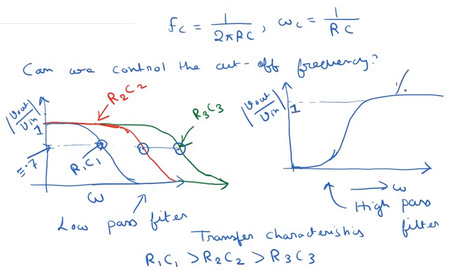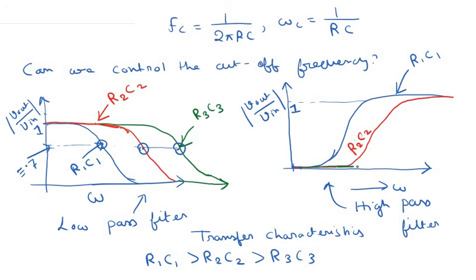And this curve is for R1C1. Now let us say we have a different RC product, let us call it R2C2. If we decrease the RC product, so if this relation still holds that R1C1 is greater than R2C2, then our transfer characteristics for R2C2 is going to look somewhat like this. So this is for R2C2 over here, and then let us say that we have further decreased our RC product.